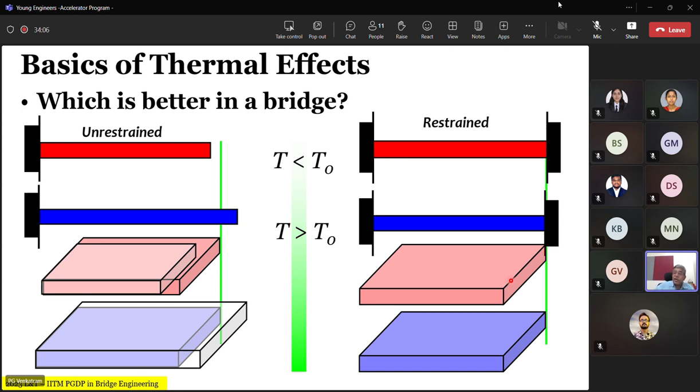So it is 5 into 5,000, 25,000 MPa will be the modulus of elasticity, right?